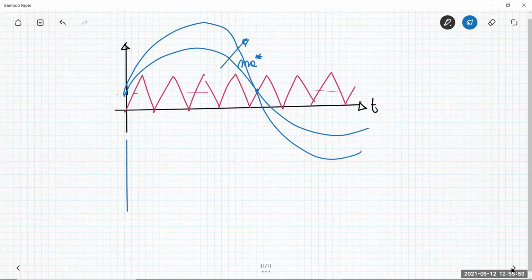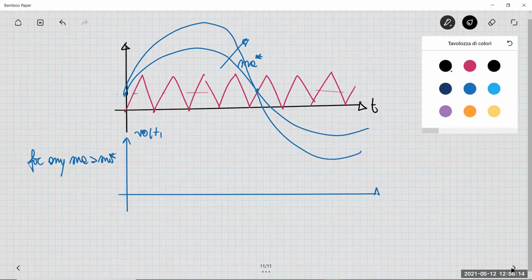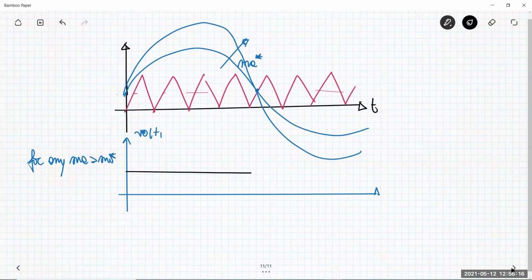The situation provides you always, for any MA larger than MA star, V naught is always this one, plus or minus VD. There is no change in this. So it is not useful to increase MA over this value, over MA star.